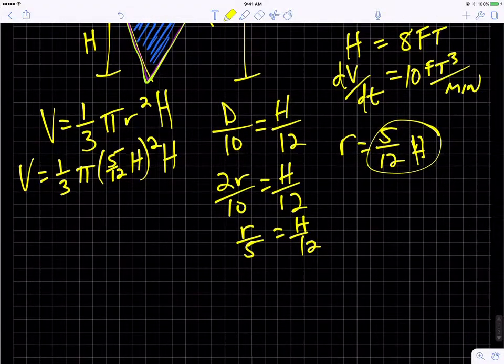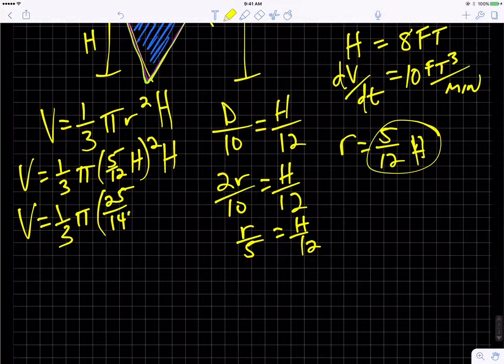So now I will simplify that volume formula before I differentiate. So now I will multiply the 1/3.